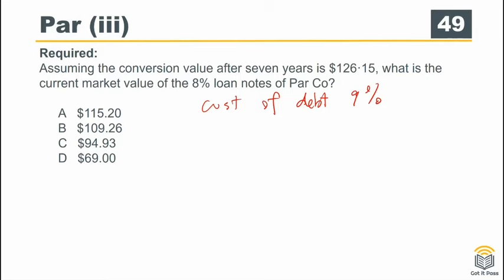9%. And we have the terminal value at $126.15, and you know that it is an 8% loan note. So on an annual basis, you will receive $8 interest for 7 years.